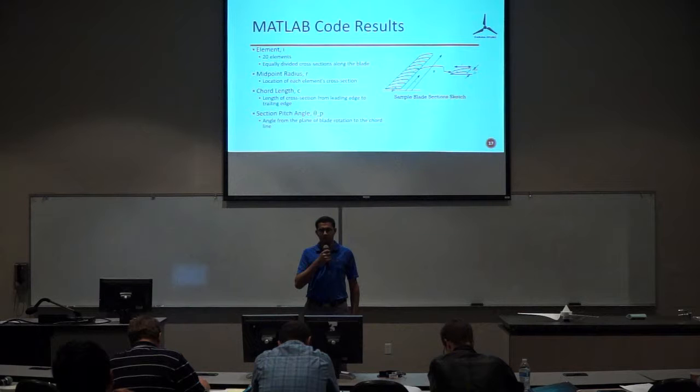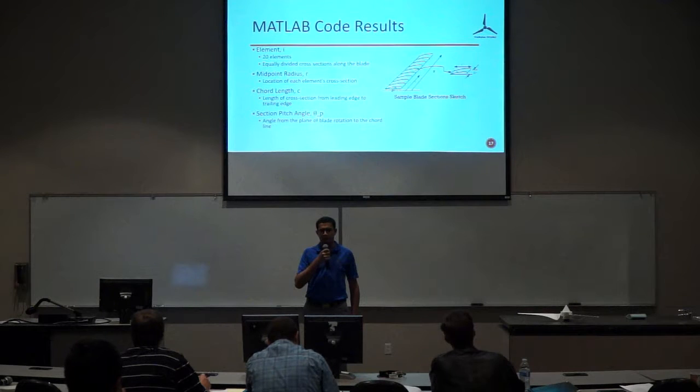The chord length is the length of the cross-section from the leading edge to the trailing edge, and the section pitch angle is the angle between the plane of blade rotation and the chord line. The figure on the right does not show the section pitch angle, but shows the chord length and midpoint radius, and it indicates each of those sections as elements.